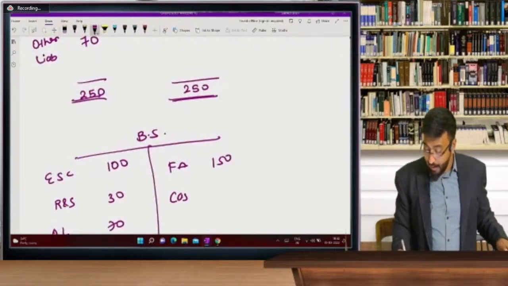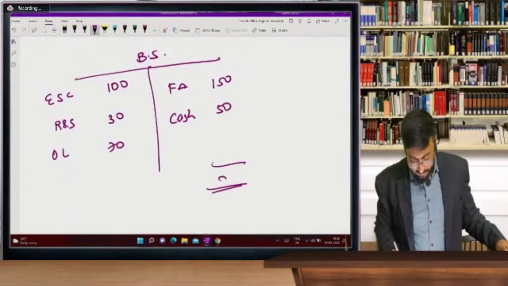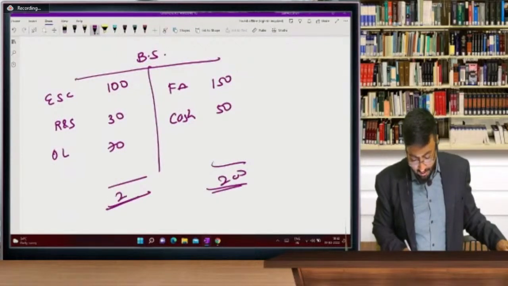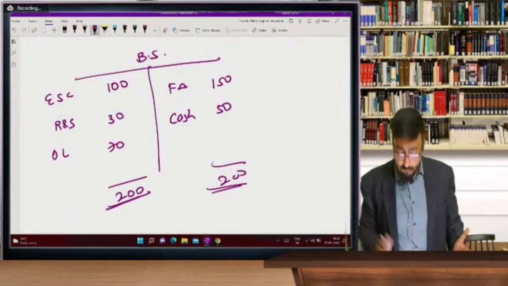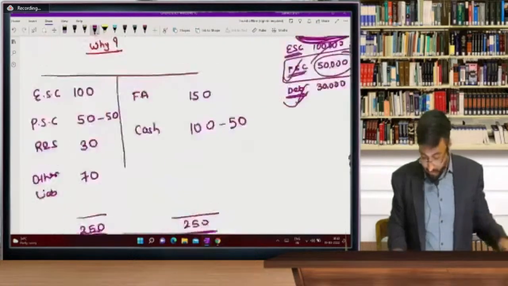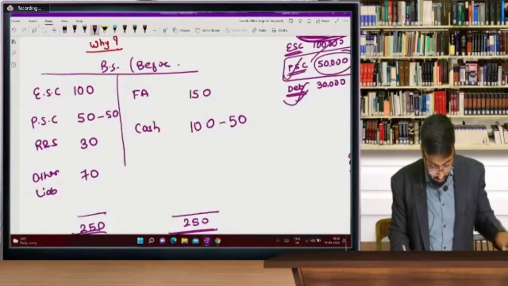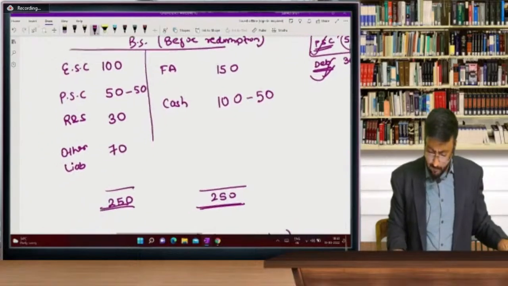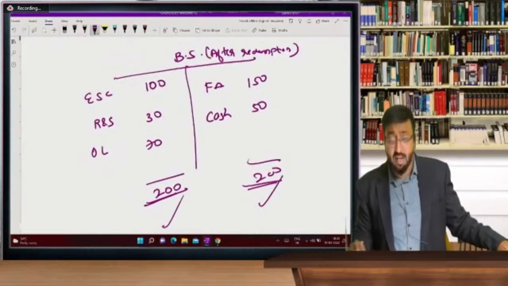And cash balance is reduced by 50 rupees. My balance sheet is tallying at 200 rupees. This is the balance sheet after redemption, and this is the balance sheet before redemption. But after and before redemption, my balance sheet is getting tallied.